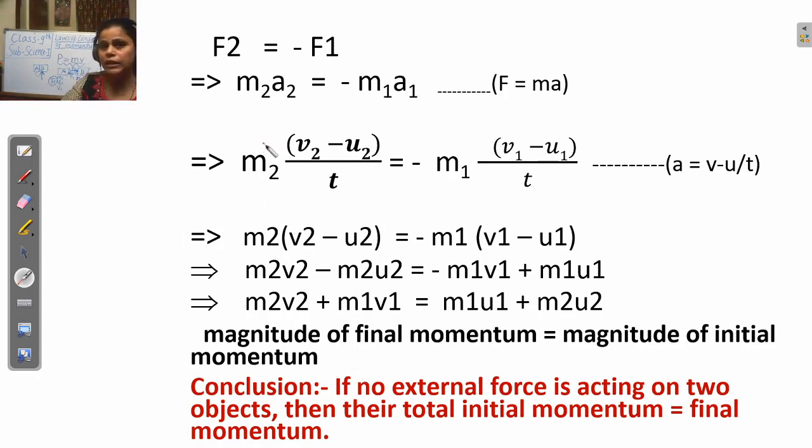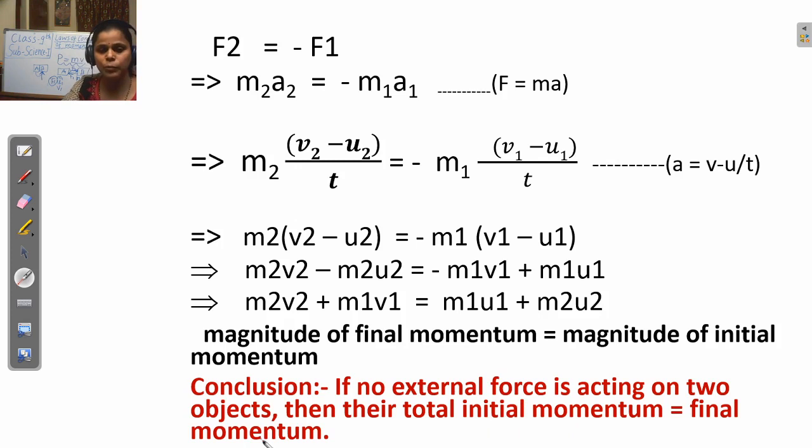But under the condition that no external force is acting on two objects, the total initial momentum equals the total final momentum. Total means the momentum of the first object plus the momentum of the second object.